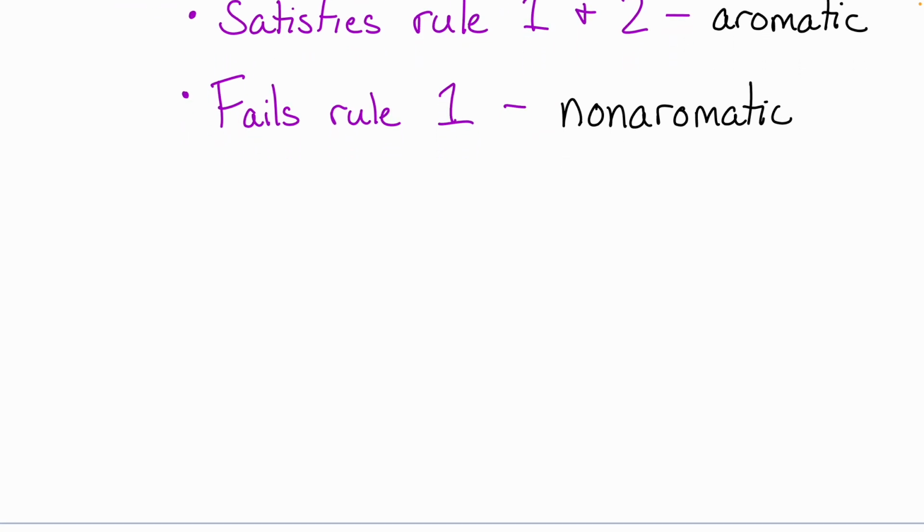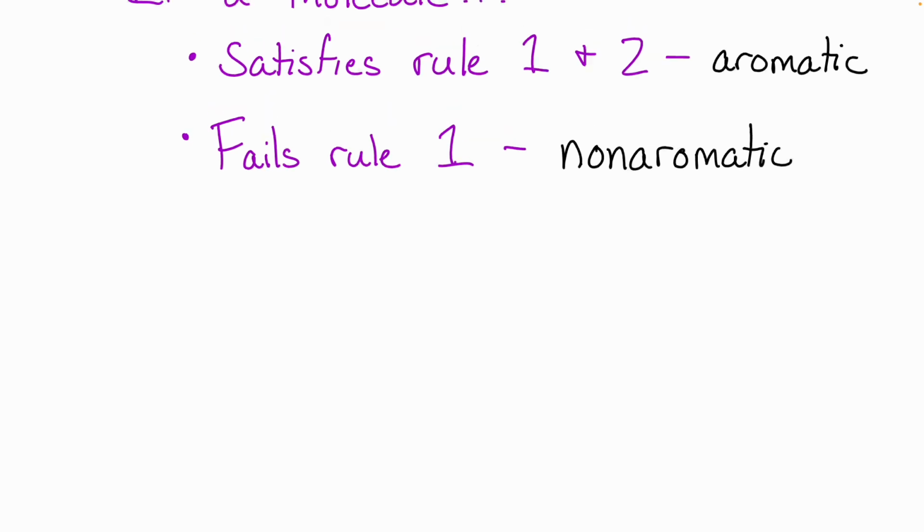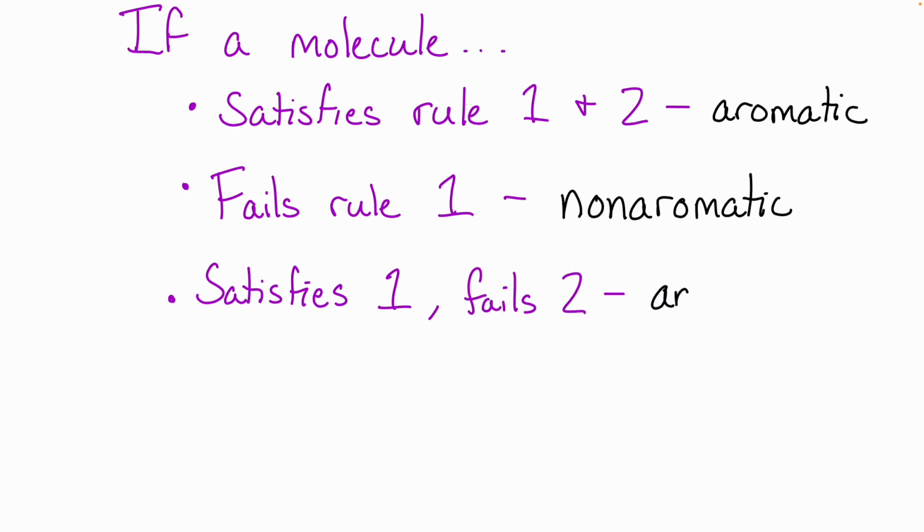The rules are in order for a reason. You don't even move on to rule 2. Fails rule 1, scratch it, non-aromatic. Okay? But if you have a molecule that satisfies rule 1 but fails 2, we call these anti-aromatic.